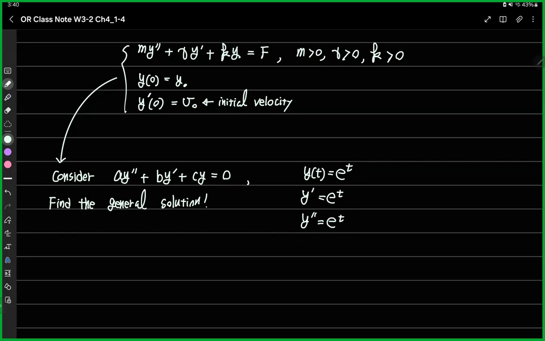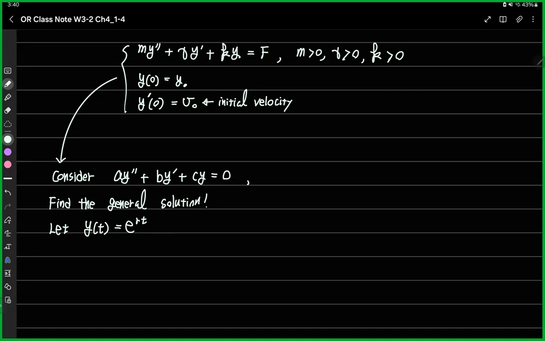So let's just guess: y of t is equal to e to the rt, where r is a real number. We don't know yet.